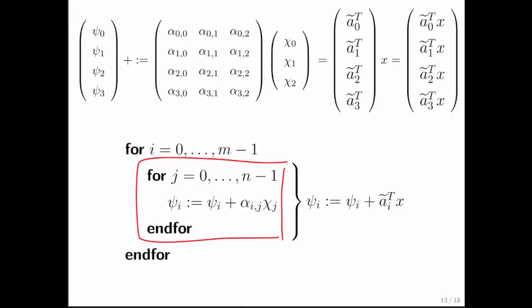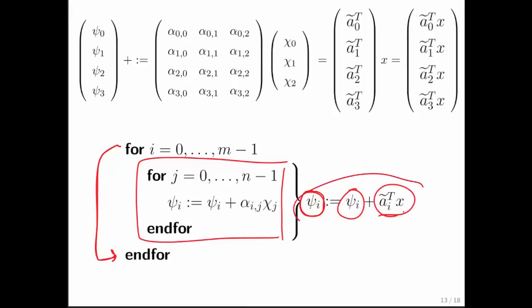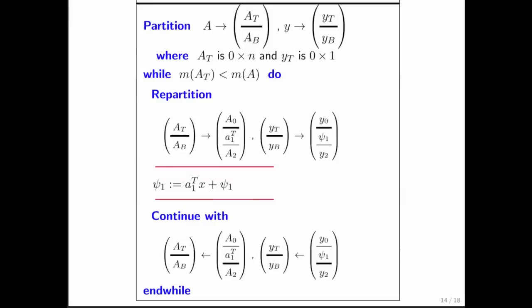What we can do is say, look, all we're doing is take the ith row of A, do a dot product of it with vector x, and add that to the appropriate component of y, updating that component of y. So now we actually have one loop and a dot product. And notice that this here we could actually implement as a call to our routine laff.dot. We could also express it using this FLAME notation that we've been using so far in the course.